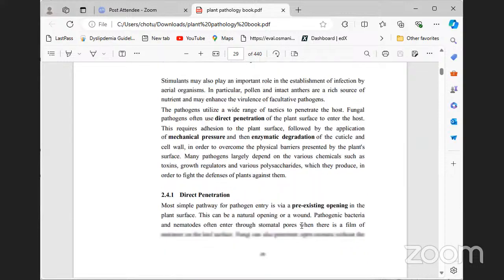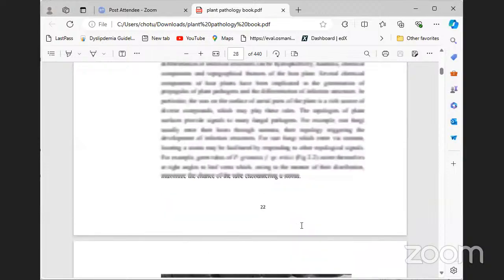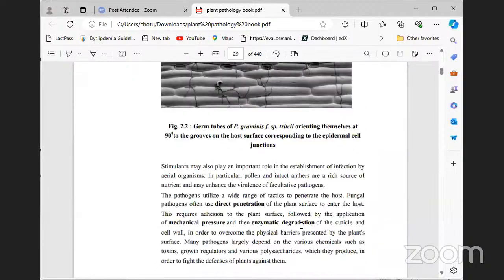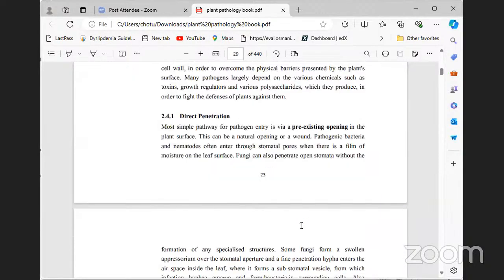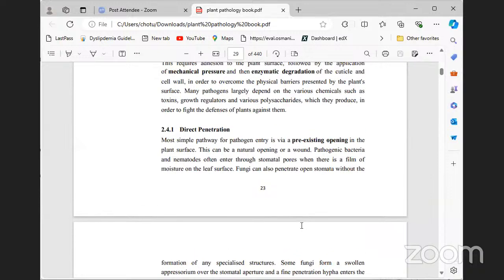This is the penetration, first one. In penetration, there is direct penetration and also indirect penetration.